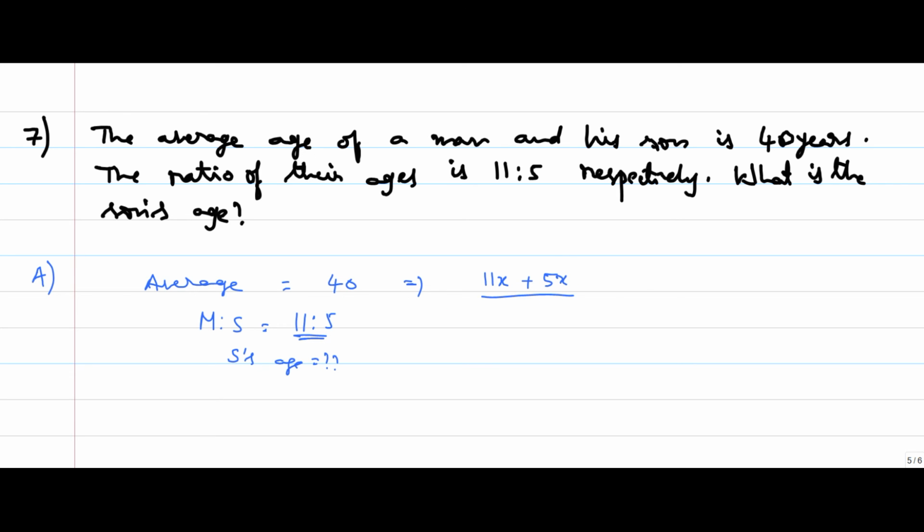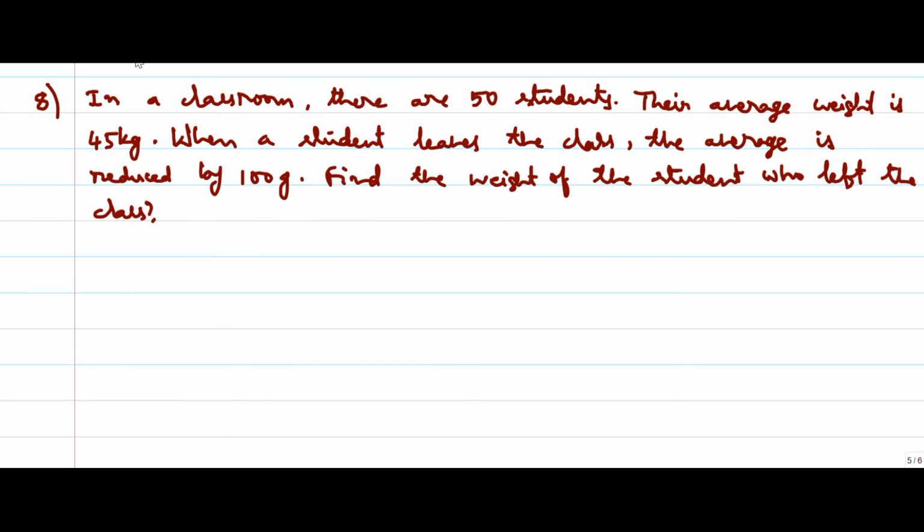Then the average, divided by 2, is equal to 40, which implies 16x is equal to 80, which implies x is equal to 5. Therefore, son's age is 5x, which is equal to 5 into 5, which is 25. That's all. Let's move on to the next question.